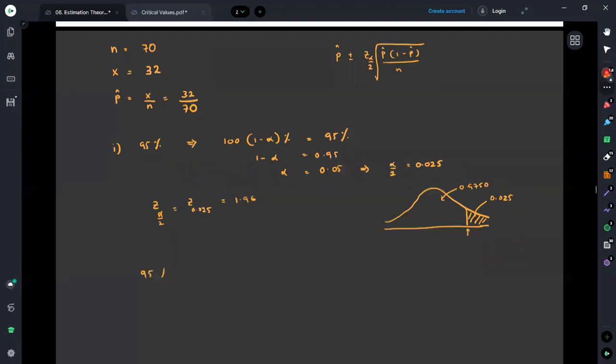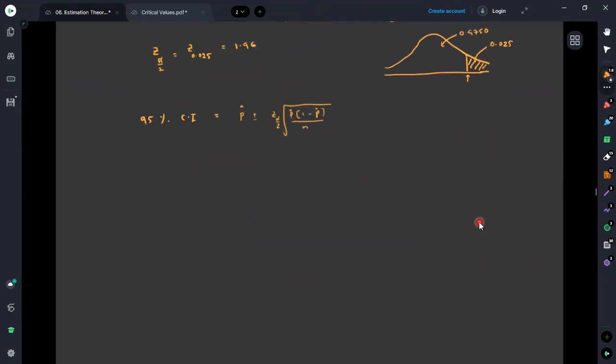interval. For the 95% confidence interval, p hat is obtained as 32 over 70. If I first write down the equation, it can be written as p hat plus or minus z alpha over 2 times the square root of p hat times 1 minus p hat over n. Now we can do the substitutions.